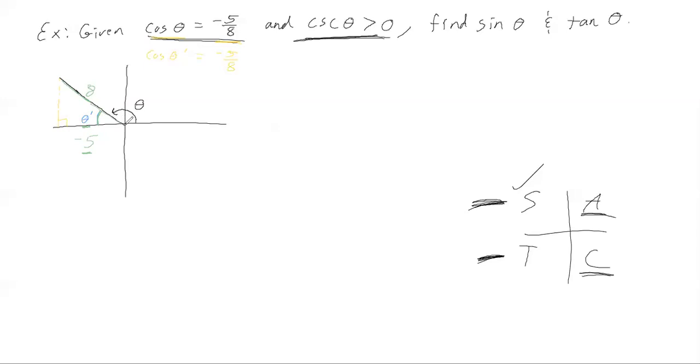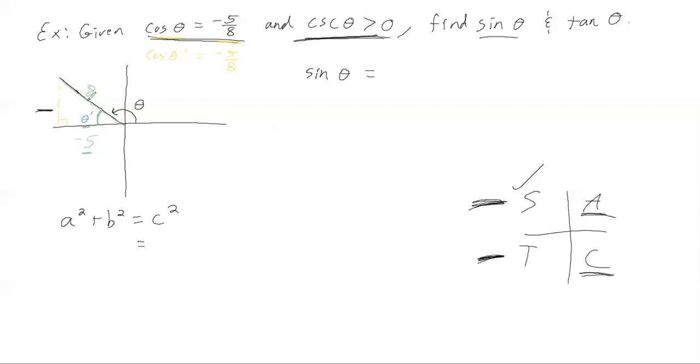So let me see. If I want to go and find the sine of theta over here, if I'm going to use that triangle, I might want to know what this side right here is. How can I find that side? You guessed it, use the Pythagorean theorem, right? But what is C?